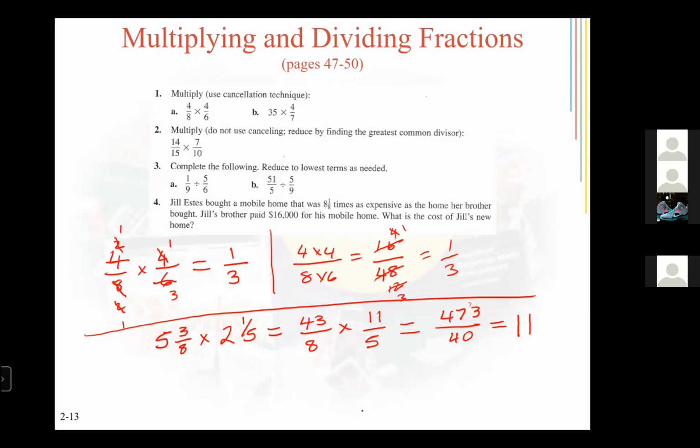When you divide 40 into 73, 40 from 73 gives you what? What's left over? 33. 33 over 40. Okay. So that would be your result there.